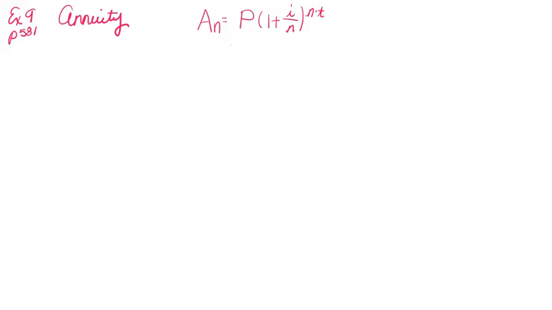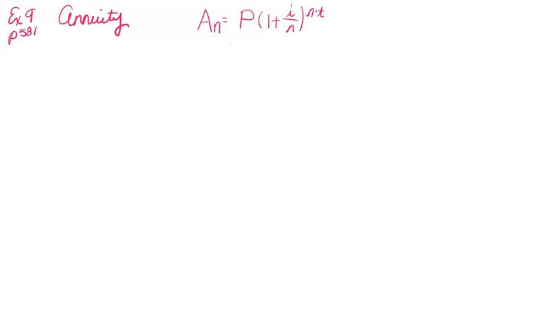That means n times the time, in years. So in this case, it would be 12 times a year times 2 years, which is 24. If we were to put $50 into a savings account and leave it there and not add anything else to it, this compound interest formula would work to say what the amount would be at the end of 24 months.